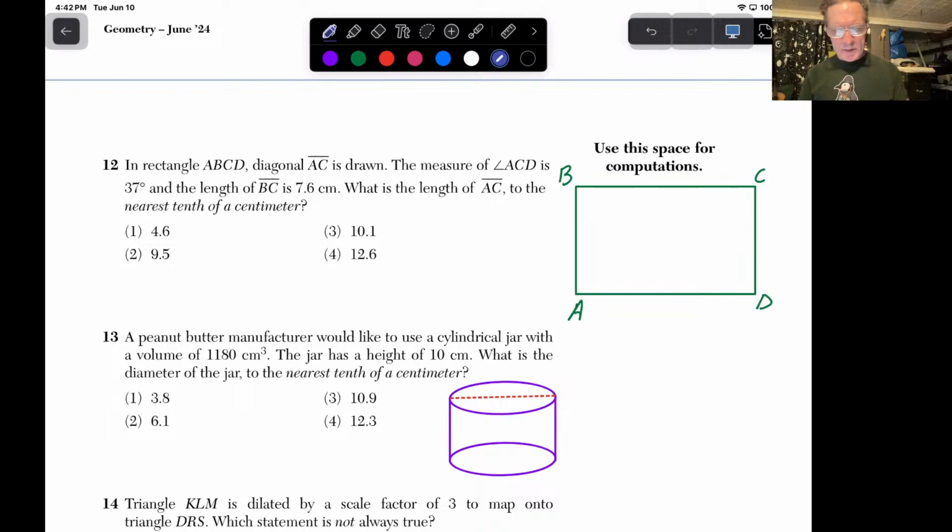So we have A, B, C, D, and we're trying to find the length of AC. What have they told us? The length of BC is 7.6.